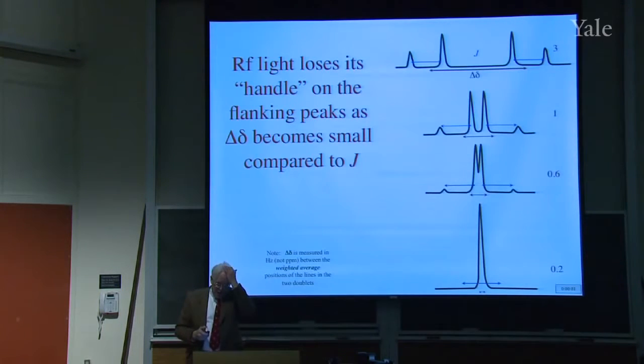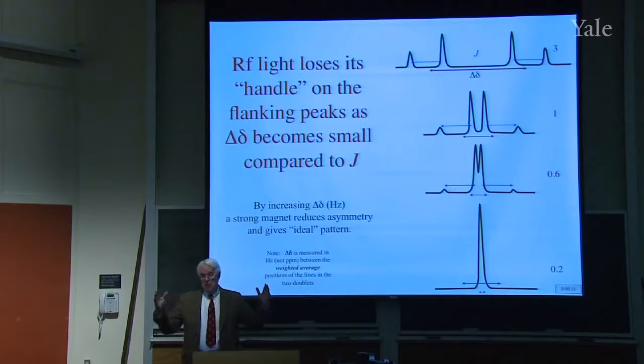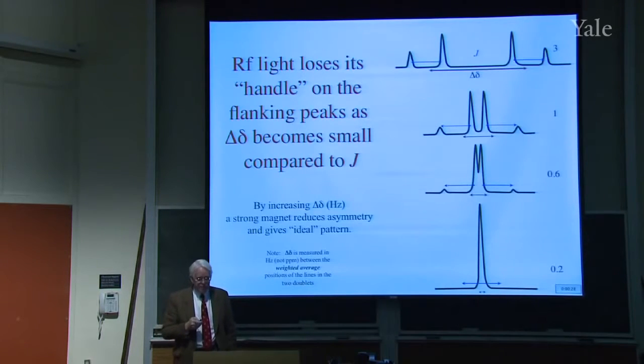So the radio frequency light loses its handle on the flanking peaks as delta becomes small compared to J, as shown here, right? So by increasing delta, measured in hertz, that is by using an expensive big field, you make things look more like first order spectra that are easy to interpret: 1 to 2 to 1, 1, 3, 3, 1, 1, 4, 6, 4, 1, and so on.